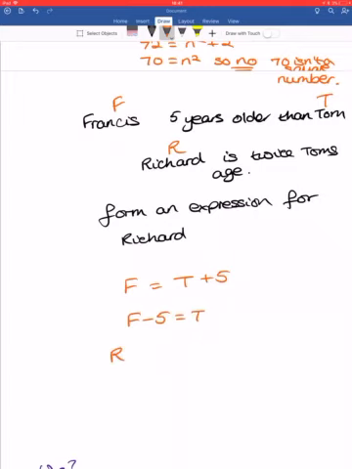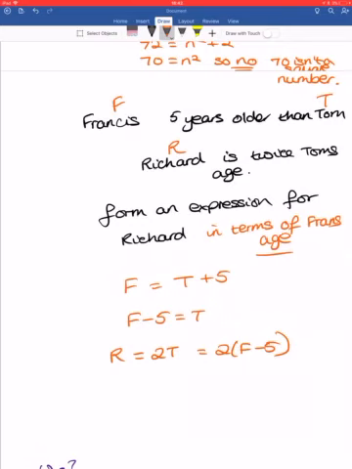So Richard is 2 times Tom, which is 2 times F minus 5. So if I want an expression for Richard in terms of Fran's age, we've just done that. Richard is twice Fran's age minus 5. And you could do it again for Richard in terms of Tom's age. So Richard is just 2T, but obviously that's not as complicated.